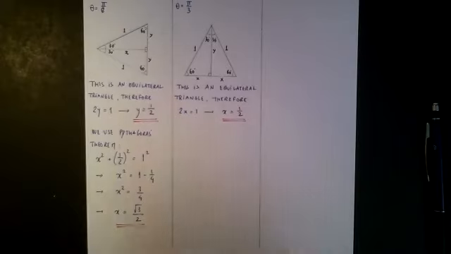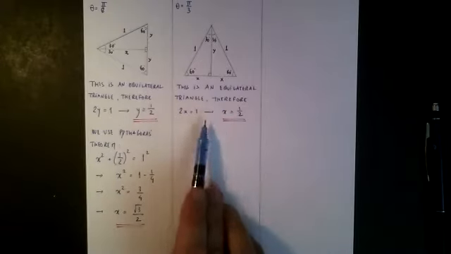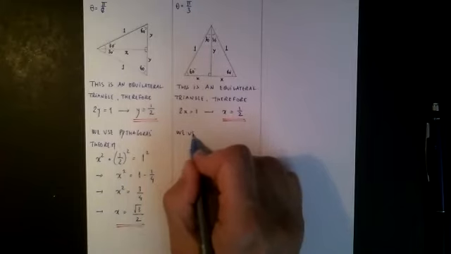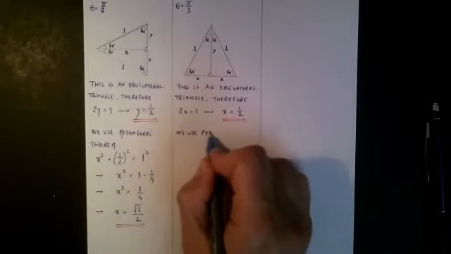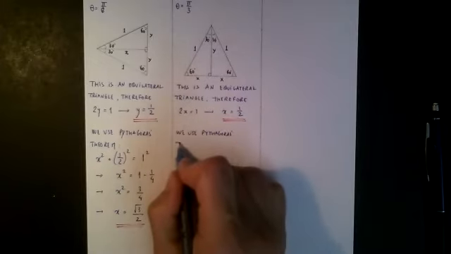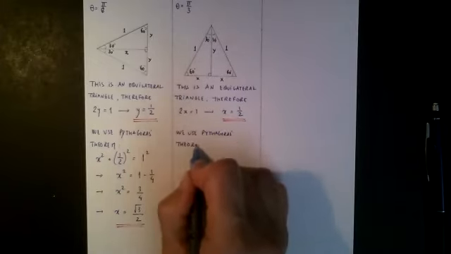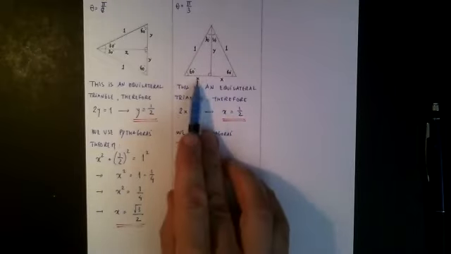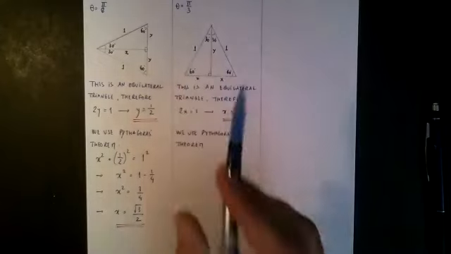Okay, and then to find y, we're again going to use Pythagoras' theorem. So (1/2) squared plus y squared equals 1 squared.